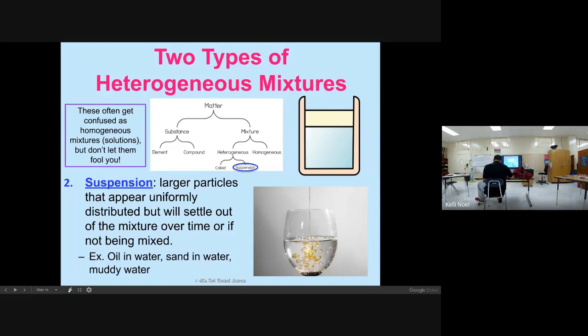This is like oil and water, sand and water, muddy water, your Italian salad dressing, and so forth. So don't confuse something that may appear to be the same throughout. If particles settle out to the bottom, it is not homogeneous. It would be a suspension, which is a part of heterogeneous.